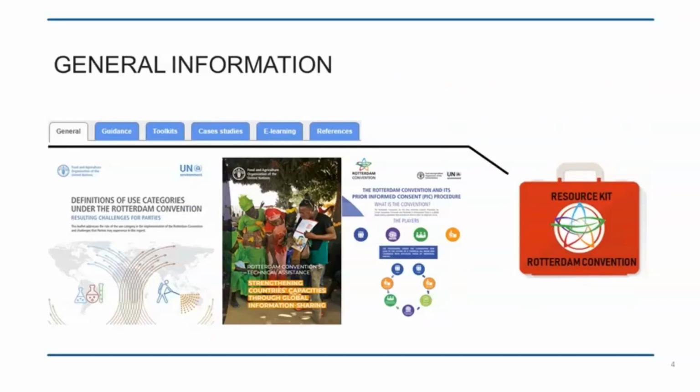These publications take you step by step through what the Rotterdam Convention prior informed consent procedure is and how it applies, who the major players in this PIC procedure are, and how best they should communicate so that at least the information at the national level in the country goes to where it should be used and used effectively in the implementation of the Rotterdam Convention.